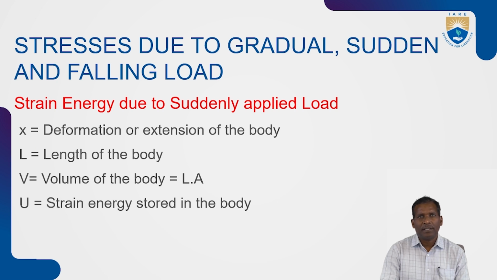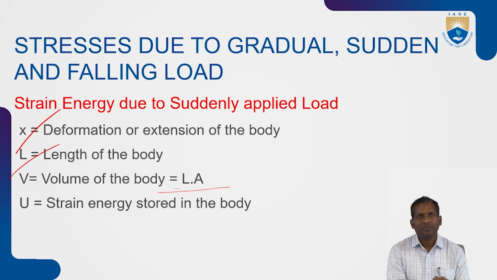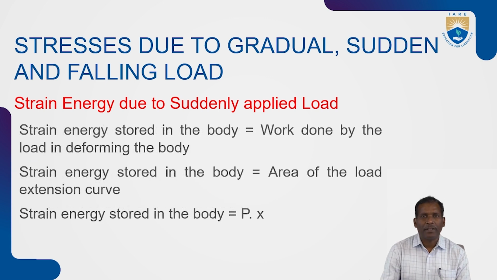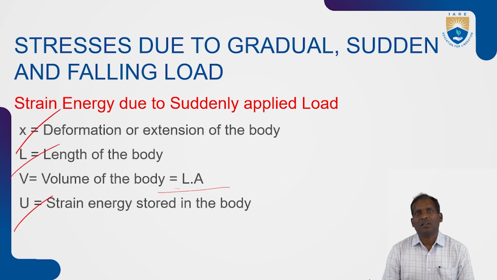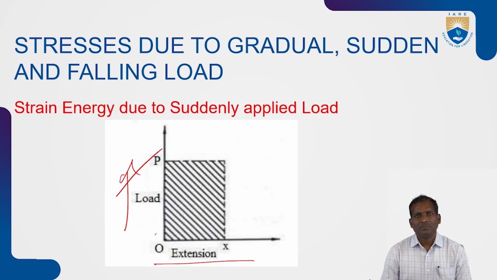The deformation or extension of the body is X, the length of the body is L, and the volume of the body is length multiplied by area. The strain energy stored in the body is the area of this extension curve. This is an extension deformed body diagram.